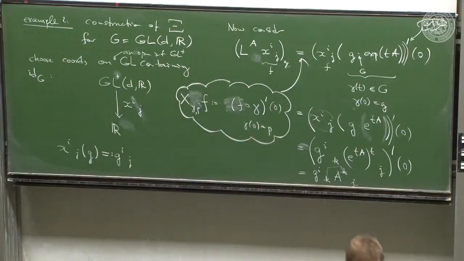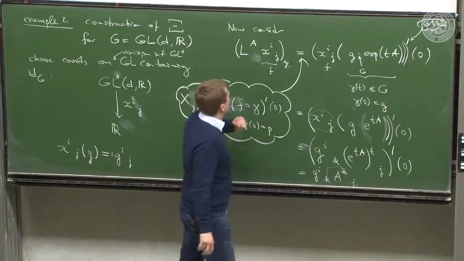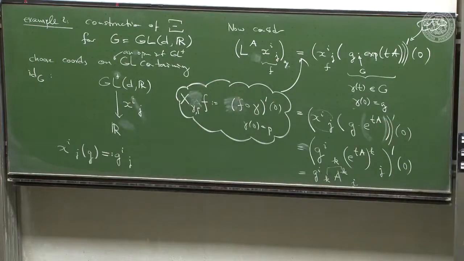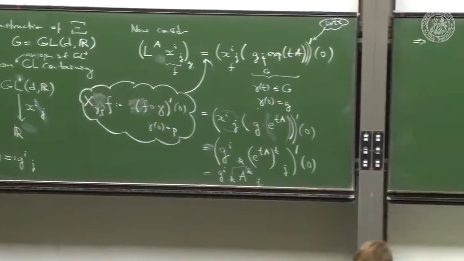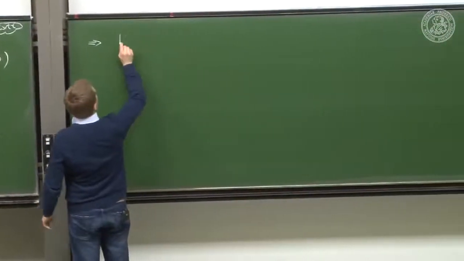Okay. So this is this, and then of course we do not want to have this applied here like this. We can just conclude from this that it has the components. These are just the components of this vector field.